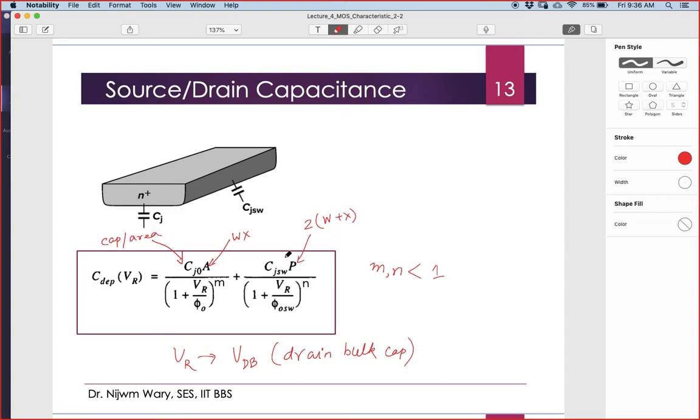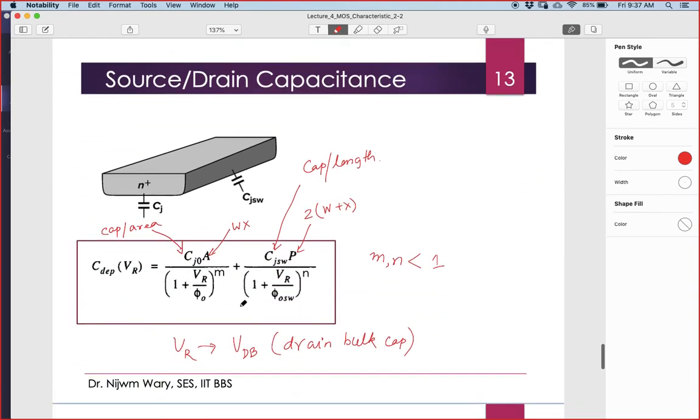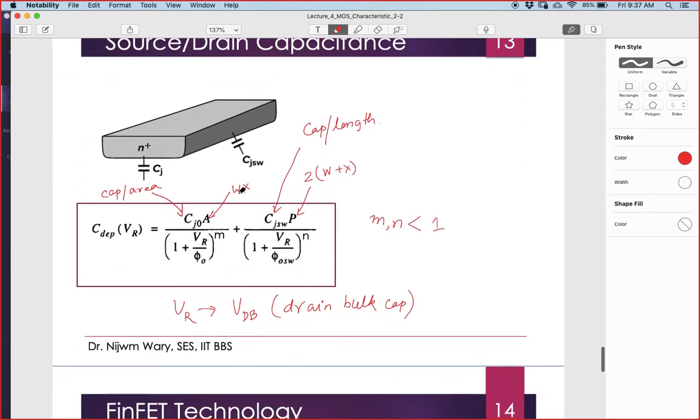Per unit area, and this is the capacitance per unit length, right? This is what we have discussed here. That's the basic definition. Cj is the capacitance per unit area, and Czsw is the capacitance per unit length. So now if I multiply with the area, Wx is the area, the whole unit will be capacitance.